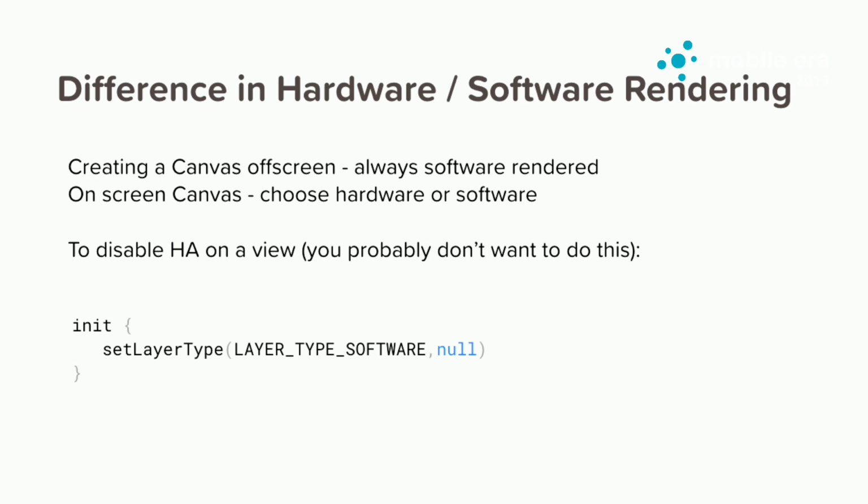If you want to disable hardware acceleration on a view, in your initializer or constructor, you can call set layer type with the type software, and that will then use software rendering. You probably don't really want to disable it, but maybe you want to for testing purposes, but generally you want to leave hardware acceleration on if you can.